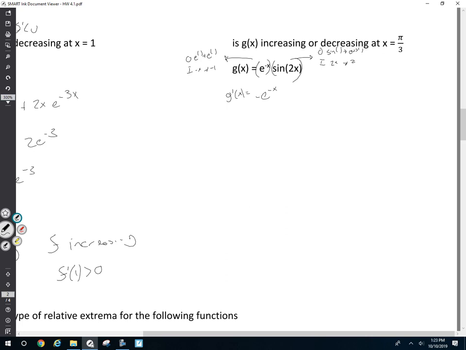Derivative of the first, negative e to the negative x times the second, sine 2x. Plus, derivative of the second, cos 2x times 2. Don't multiply those together. Times the first.